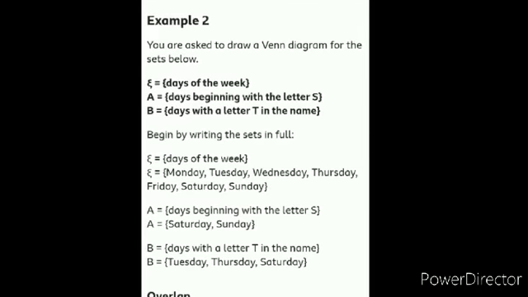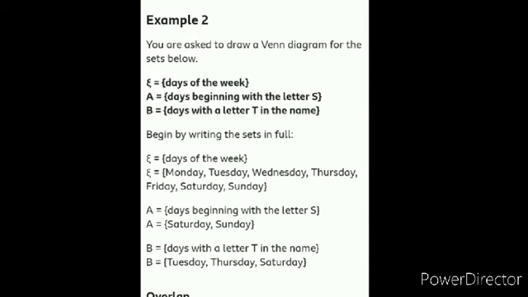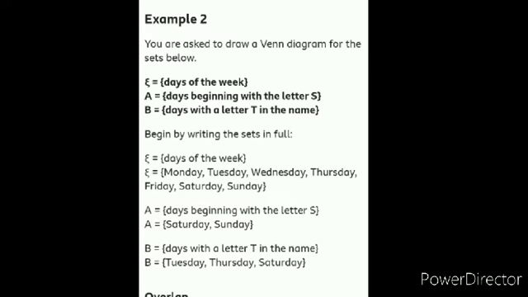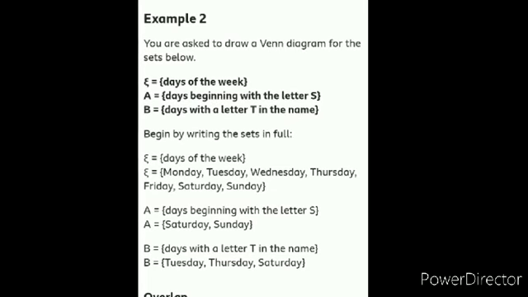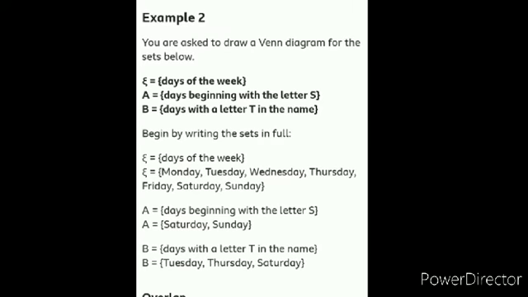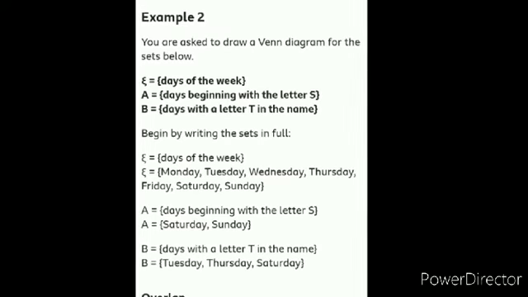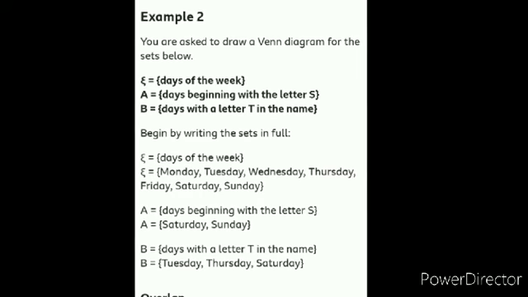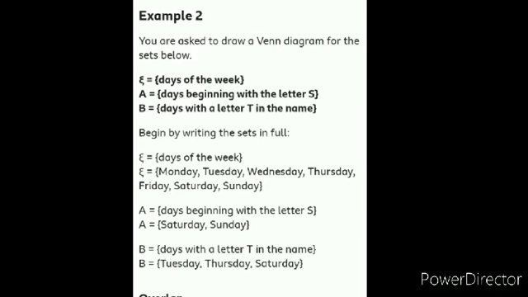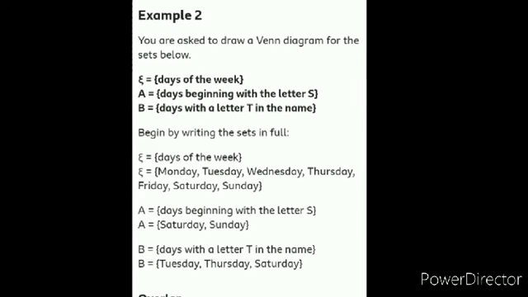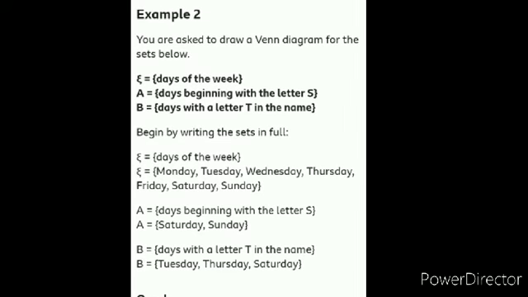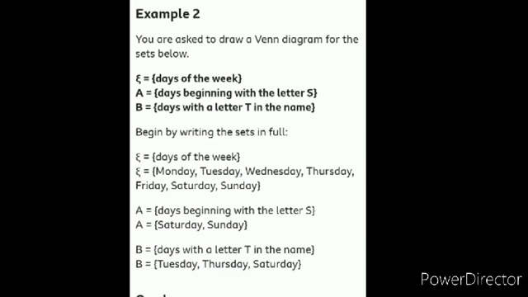And B is equal to days with a letter T in the name: Tuesday, Thursday. Here we take Saturday also. You see, we want days with a letter T in the name. If you see Saturday, S-A-T, T is there, that is why we consider it here. Other days didn't contain T.